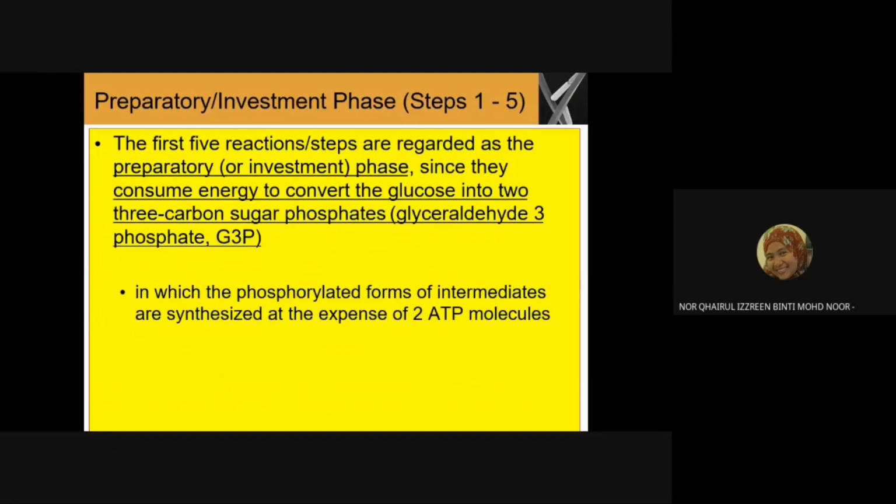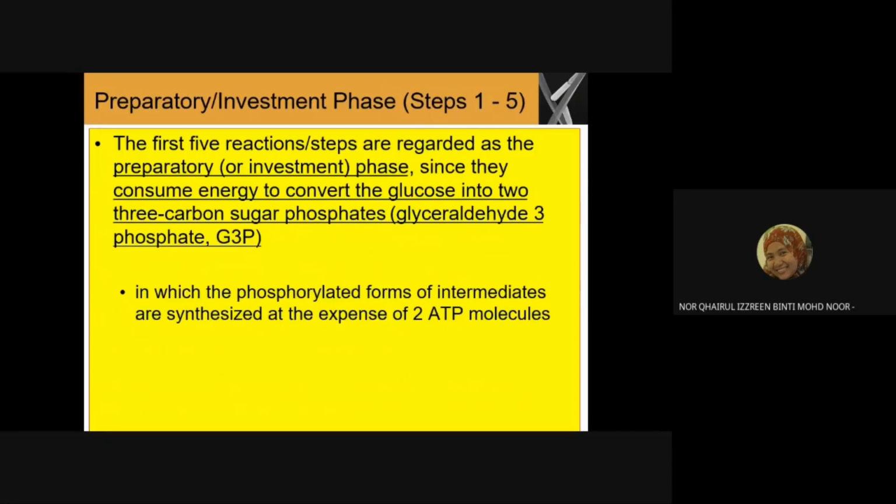The first 5 steps are regarded as the investment phase since they consume energy to convert glucose into 3-carbon sugar phosphates, which is glyceraldehyde 3-phosphate, also known as G3P.